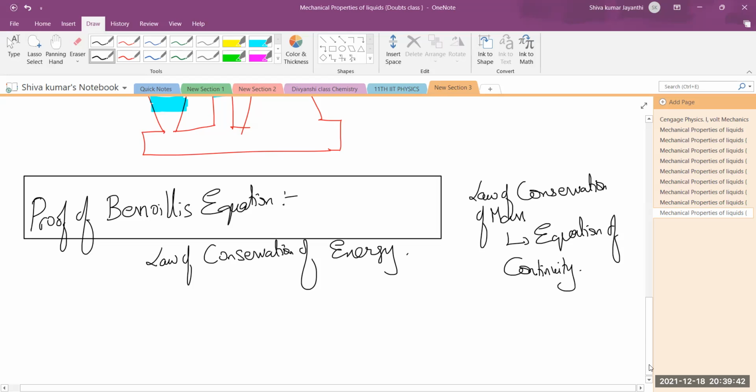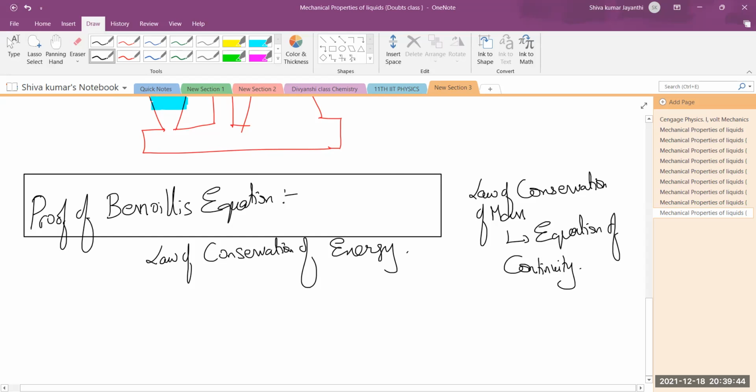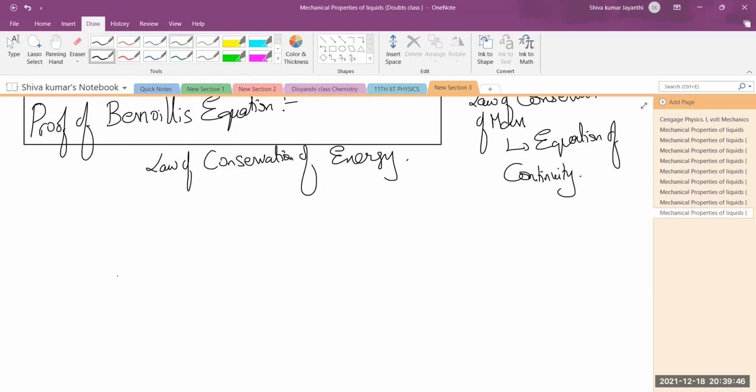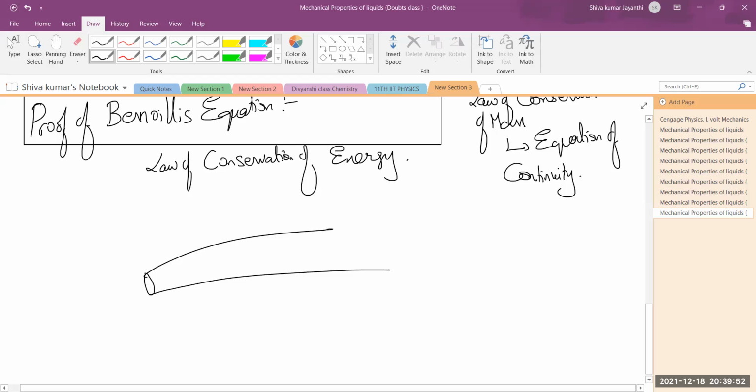which is: you take a container or a pipe. This is our everyday observation. If you have a pipe through which liquid is flowing, like a hose pipe we see every day at home, the liquid or fluid, what we call water, is traveling like this.